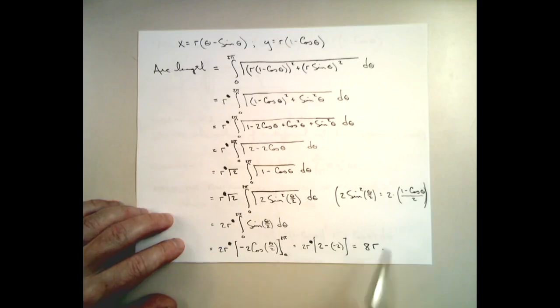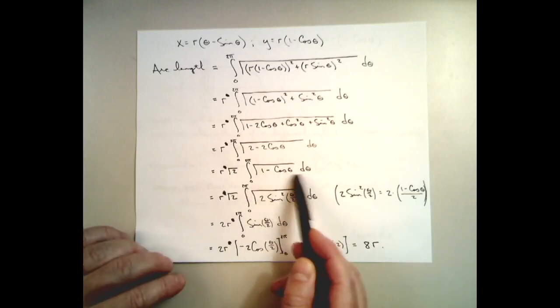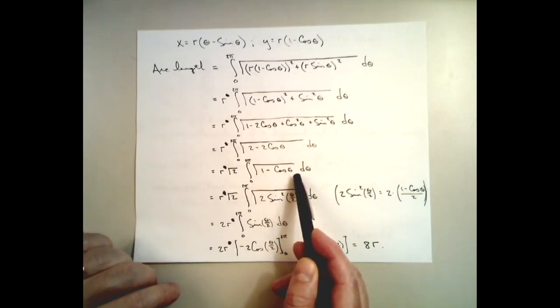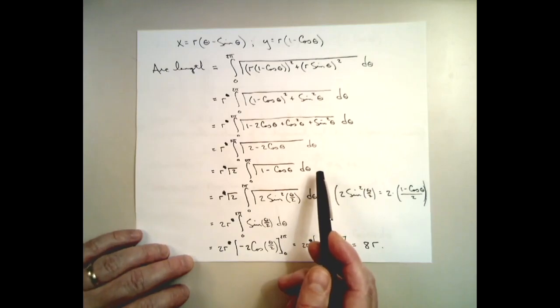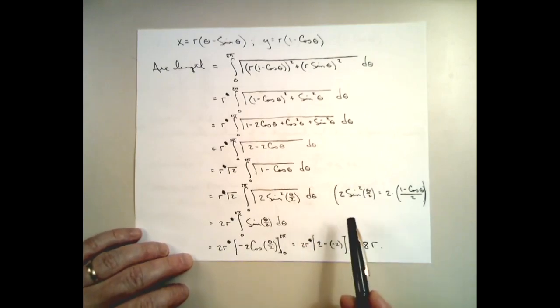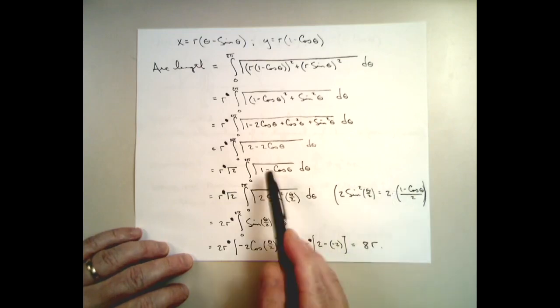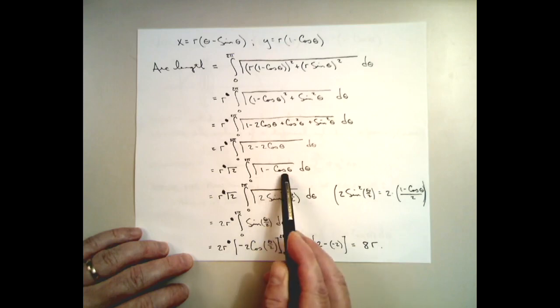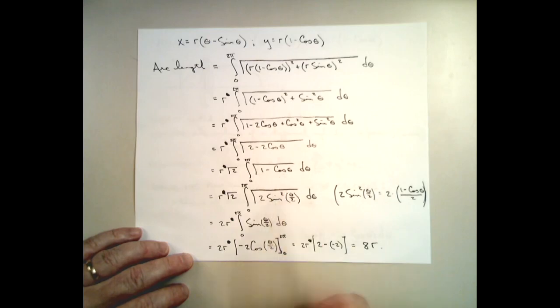My next step is the trickiest, right? How am I going to evaluate the square root of 1 minus cosine theta? I'm probably going to need some trig identities, and I can think of a couple ways out of this conundrum, but I think the cleanest way out is to recognize that this almost looks like part of the identity for sine squared of theta, except I would have needed a 2 theta in there, and I'd need a 1/2 as well.